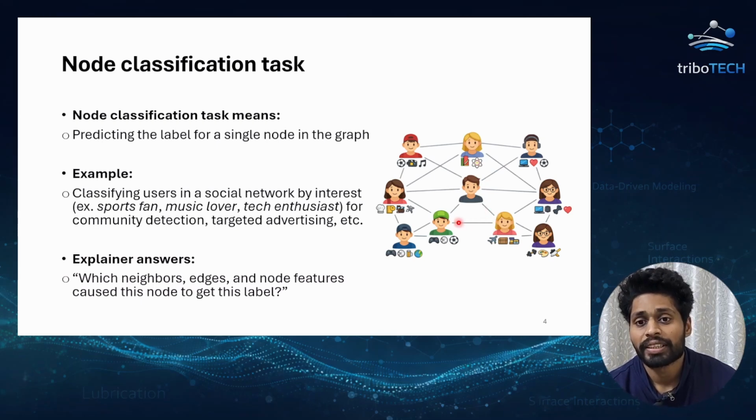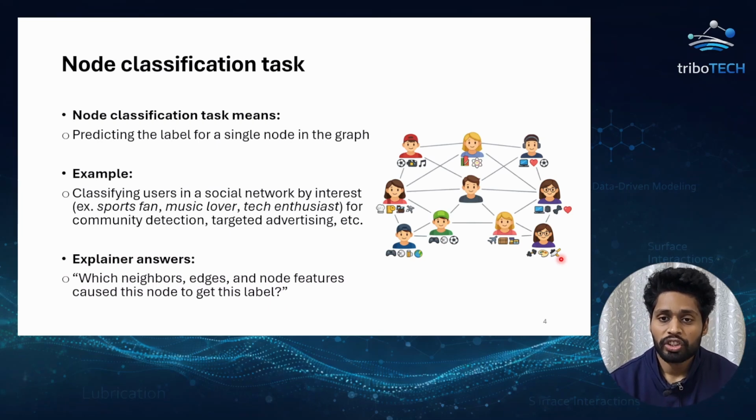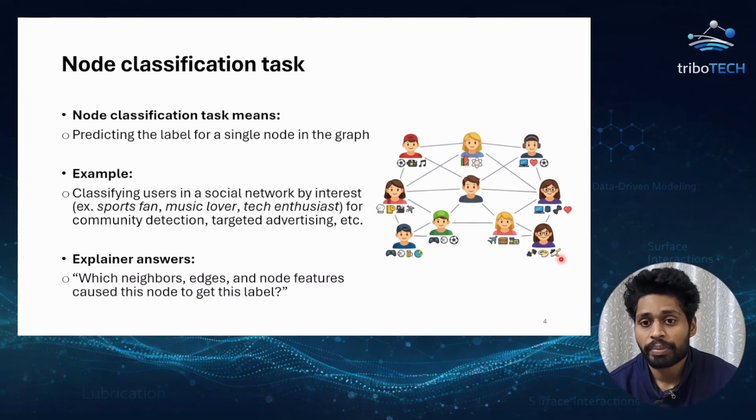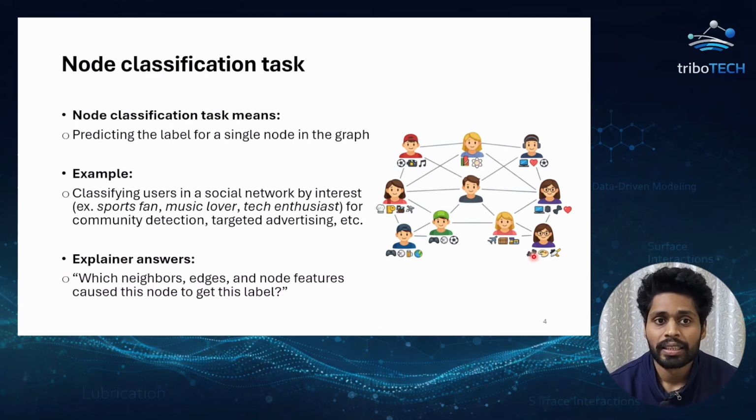So the role of explainer is to see whether this is because of this particular neighbor or this particular neighbor or maybe some other user, or which relationships or links or edges are responsible for this kind of prediction, or which node features, which in this case could be the gender of the user or the age of the user, is primarily responsible for this kind of prediction. So this is the task of explainer in this node classification graph machine learning problem.